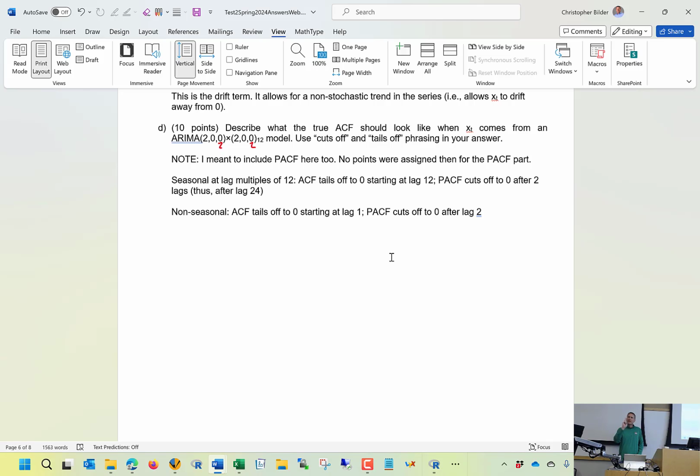But they say the tailing off starts after lag 2. That only happens if you also have a moving average component. Since we don't, the ACF actually starts tailing off right at lag 1, or the first seasonal lag 12. Okay? So don't get confused by that.